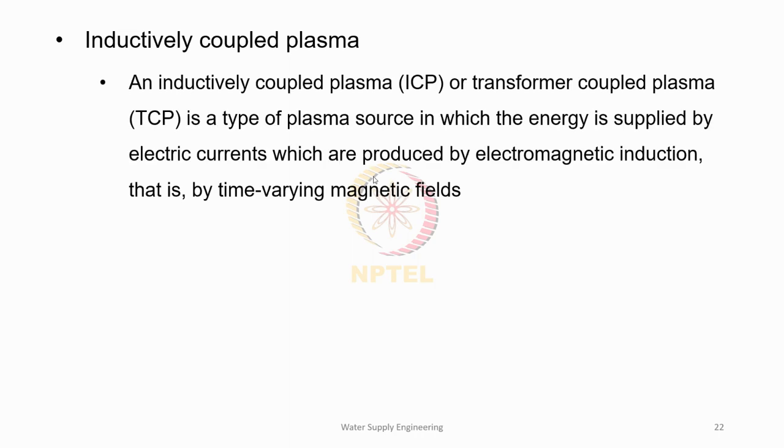Next one, inductively coupled plasma. An inductively coupled plasma, or transformer coupled plasma, is a plasma source in which energy is supplied by electric currents produced by electromagnetic induction.